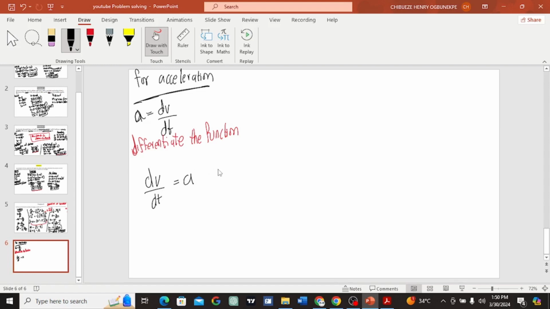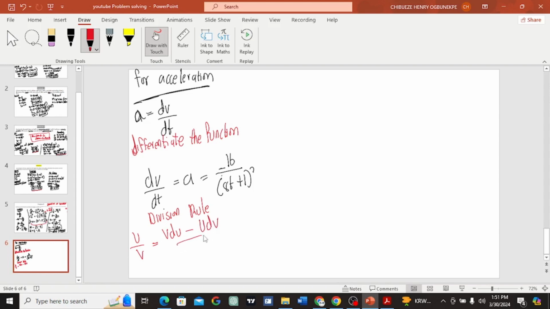Our v here is negative 16 over 8t plus 1 squared. We will apply the division rule here, where the derivative of u over v equals v du minus u dv.